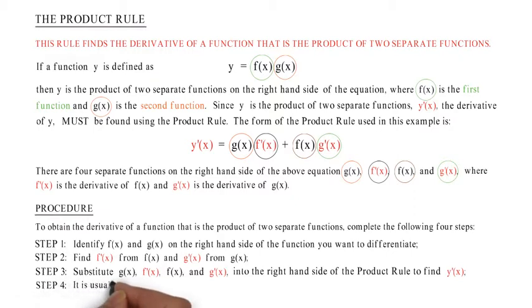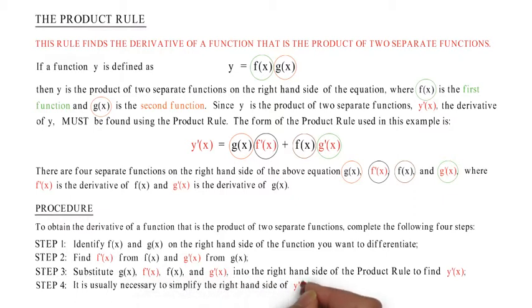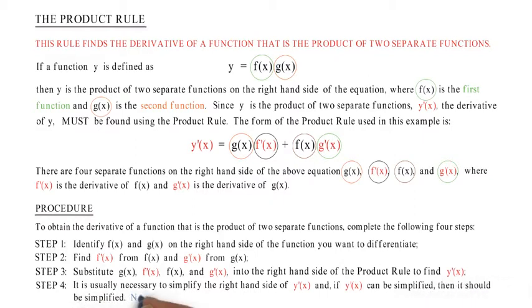It is usually necessary to simplify the right-hand side of y'(x), and if y'(x) can be simplified, then it should be simplified. Note that simplifying can involve expanding, collecting like terms, factoring, or all 3.